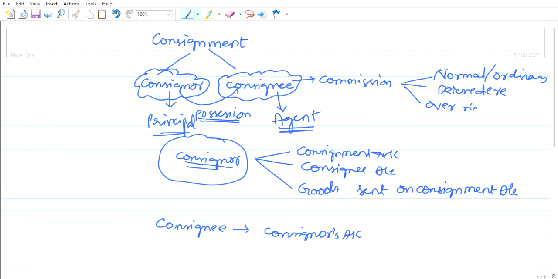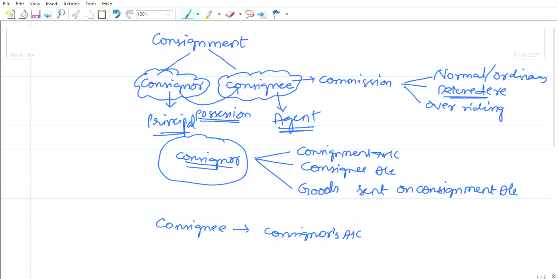Normal or ordinary commission will be given for the goods sold, and del credere commission is given for the purpose of loss from bad debts. That means if any credit sales are made by the consignee and some bad debts are incurred, that should not be borne by the consignor. In order to relieve the consignor from the bad debts, the consignor will be giving some extra commission to the consignee, so that the loss of bad debts will be borne by the consignee itself.